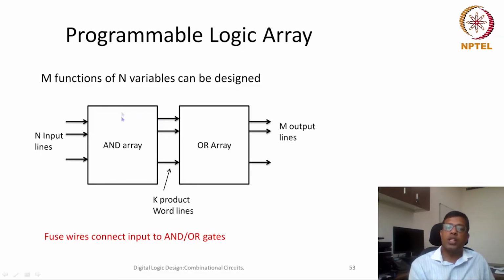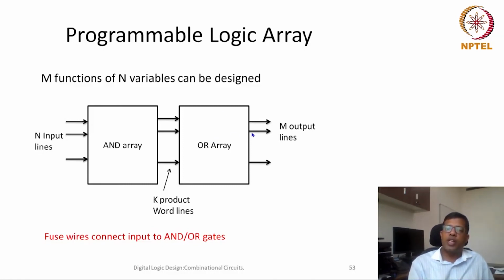Although there are 6 inputs which could be connected to this one AND, only those two would be fused, and the rest would be open circuited, they won't be connected. Similarly, there would be k such AND gates or k such product terms, and again there would be fuse wires here. They would choose which particular value should be connected to each OR gate.